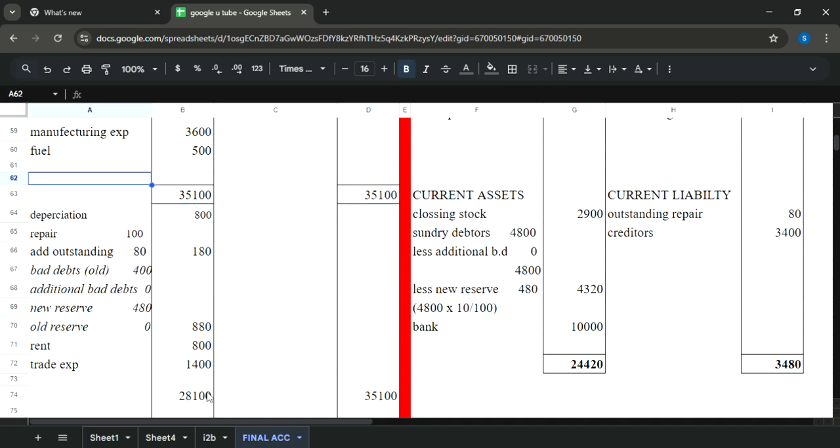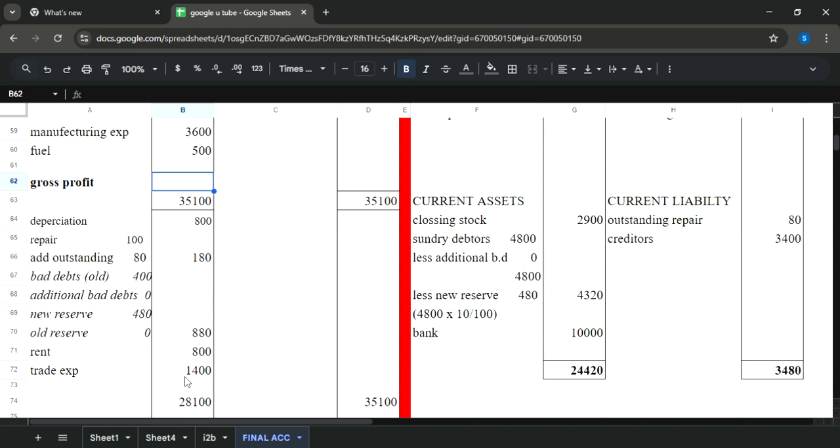Now you will choose the smaller side, which is debit, because 28 is smaller. Income is more than expense. It means it is your profit. How will you calculate profit? By subtracting the smaller from the larger amount. 35,100 larger, smaller 28,100.